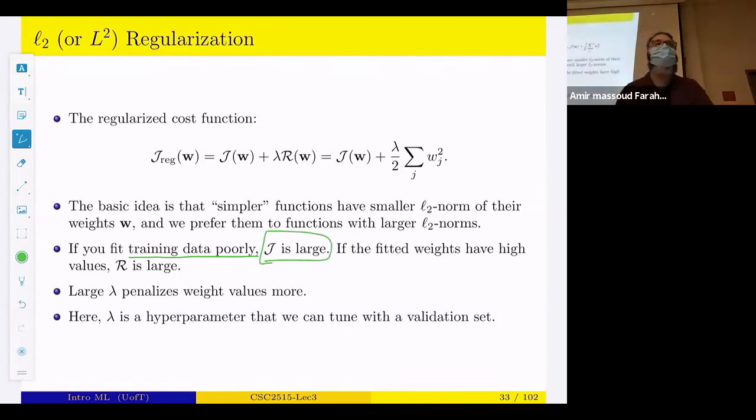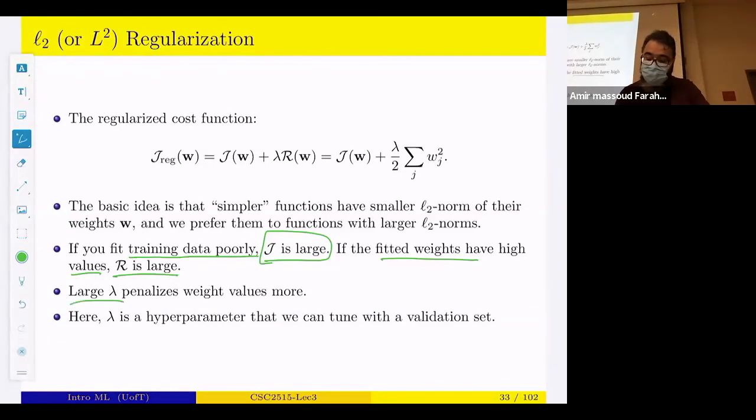Like J, the average of the loss functions, would be large. So we know that a fit that is not very good to data has a large cost function. But on the other hand, if the fitted weights have large values, R would be large.